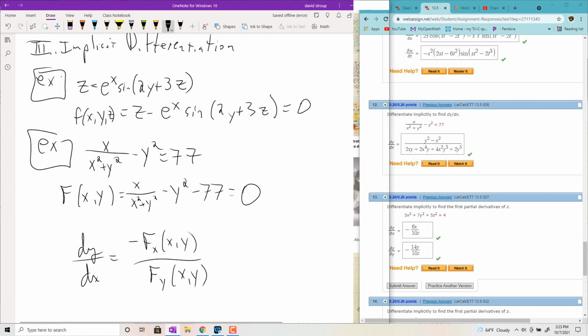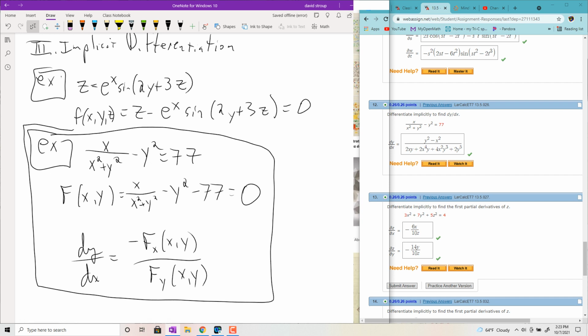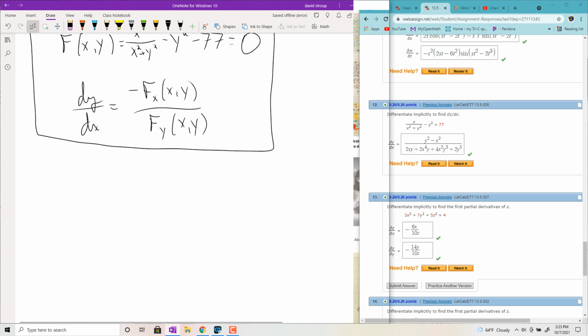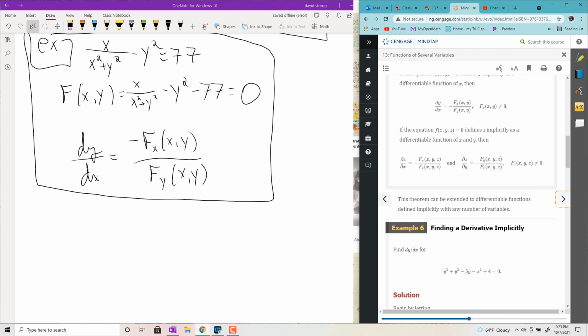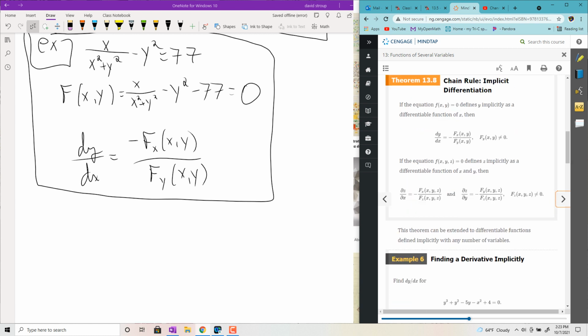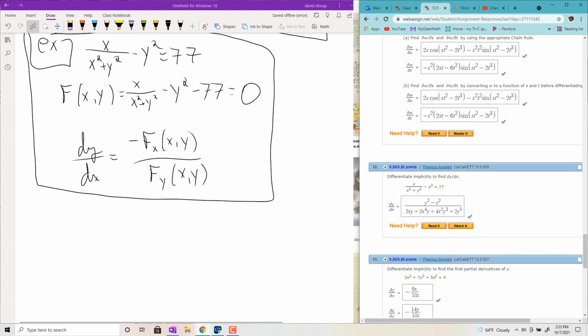Okay, so that's the 2-dimensional version. The 3-dimensional version, the formulas are a little bit different, and I'll just show them to you in the book here. So in those cases, you would have partial derivatives and use your formulas accordingly, from theorem 13.8.